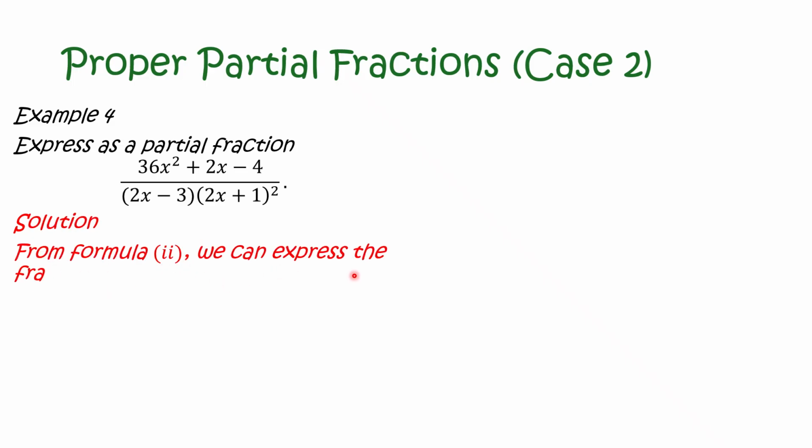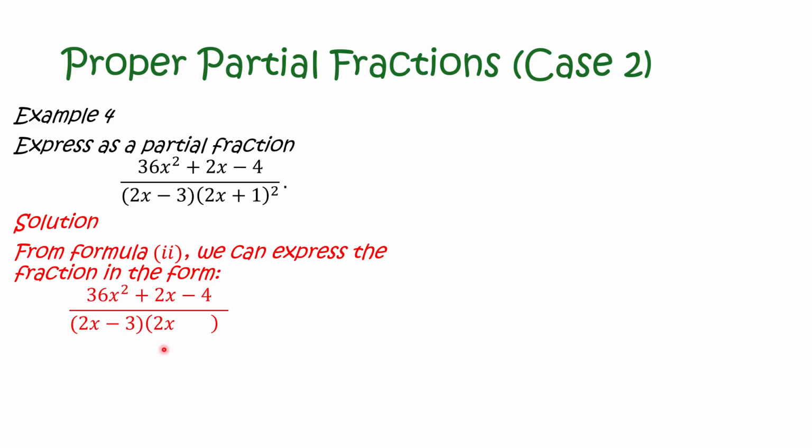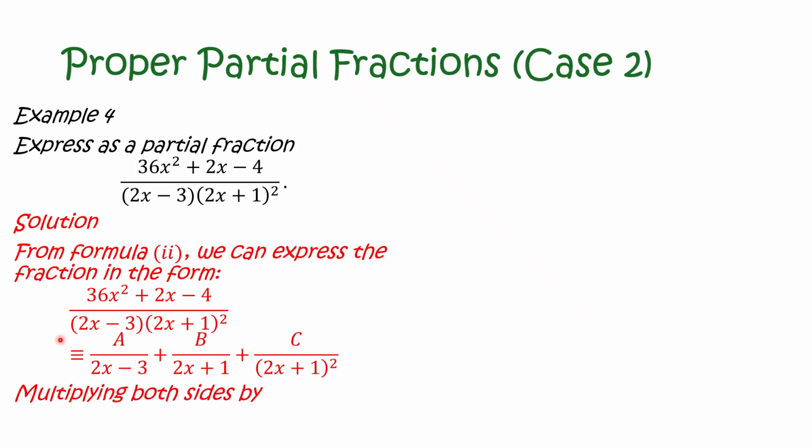So the solution, we would recall from formula 2 that we can actually express this fraction in the form where we have the left-hand side being the question itself, being equivalent to capital letter A over (2x minus 3) plus capital letter B over (2x plus 1) plus capital letter C over (2x plus 1) all squared. And I'm sure you know the next thing. Multiplying both sides by the denominator of what we have on the left-hand side in order to clear the fractions.